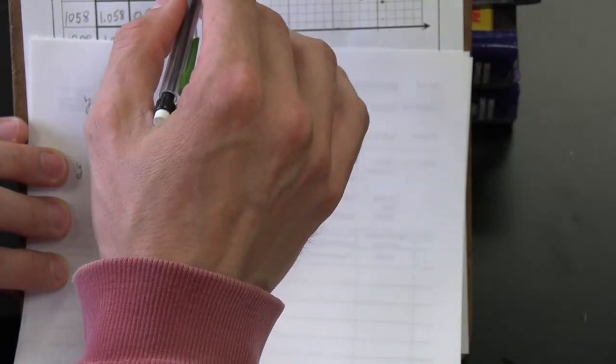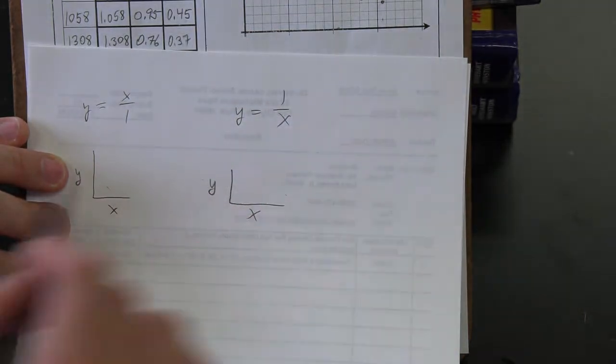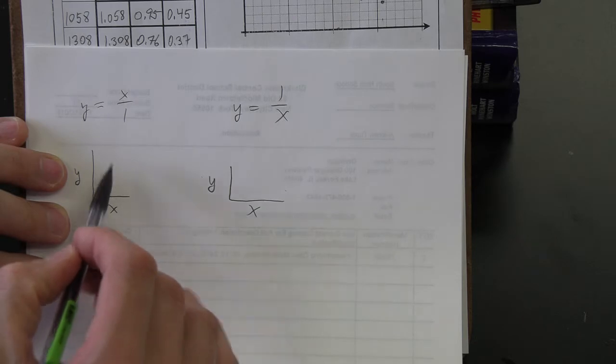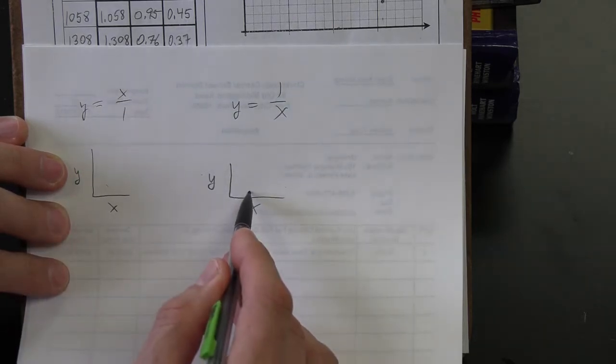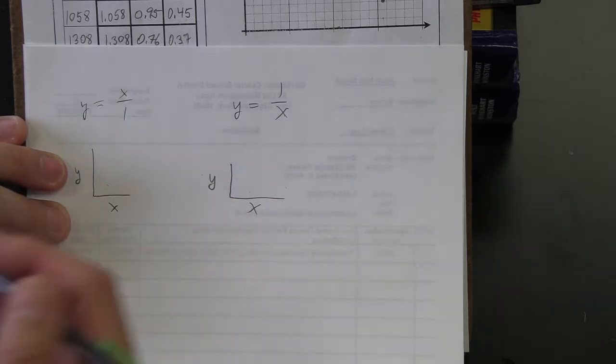Now look at your acceleration versus mass, and which one of these does it look like? If it looks like this one, then x belongs in the numerator. If it looks like this one, then x belongs in the denominator. And that's how you answer that question. You say, it belongs in this place because that's what the graph looks like.